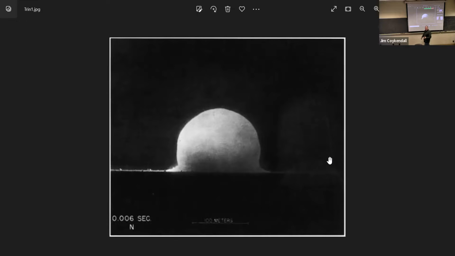Now, let's look at units, right? So let M be mass, L equal length, and T time. So what are the units of energy?